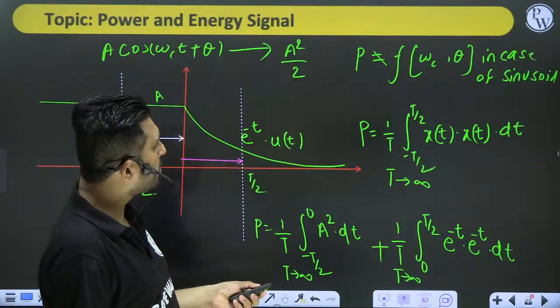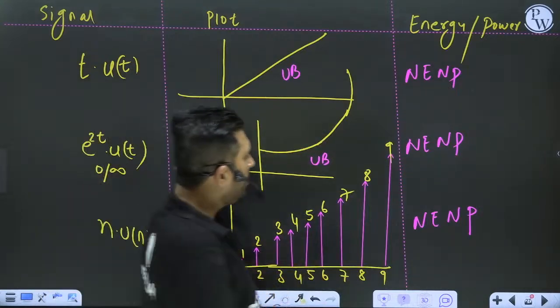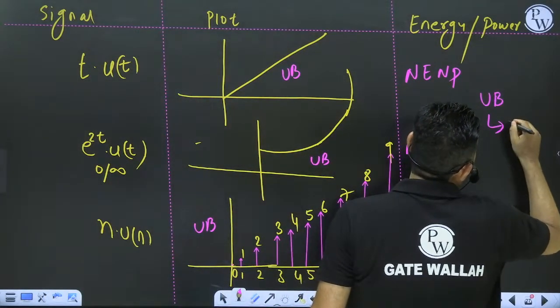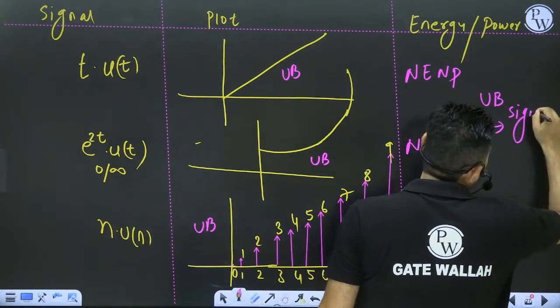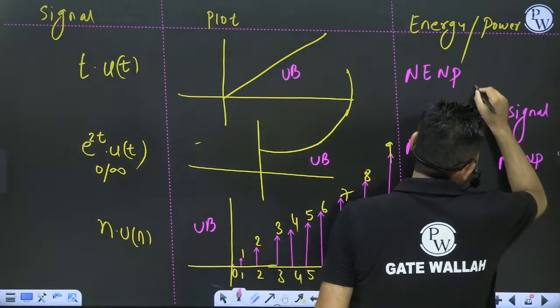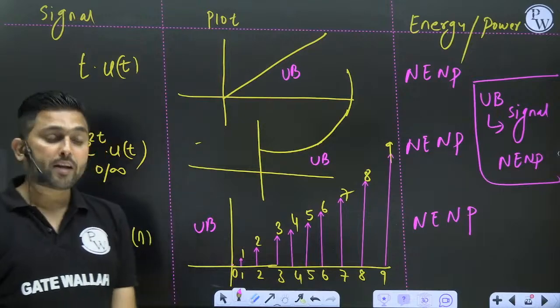And neither energy nor power means unbounded, infinite area signals. Simply write it: unbounded signals, neither energy nor power. These are the conclusions.